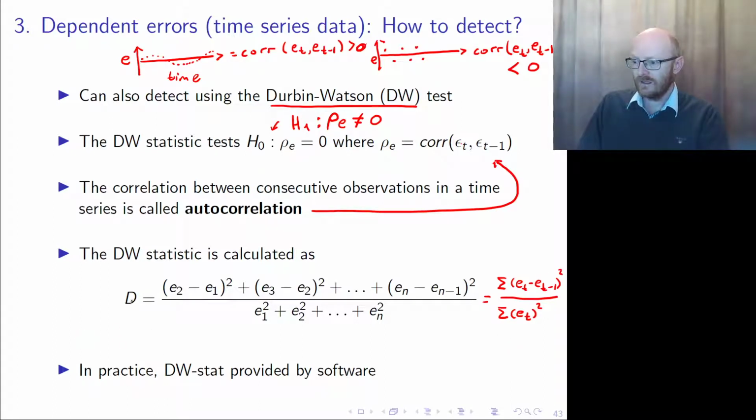This Durbin-Watson statistic can also be calculated by taking 2 minus 2 times the correlation of the errors.